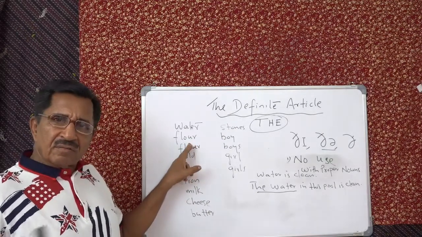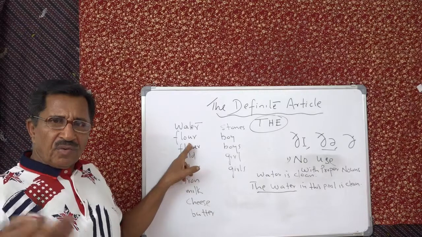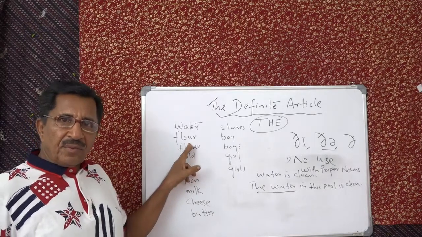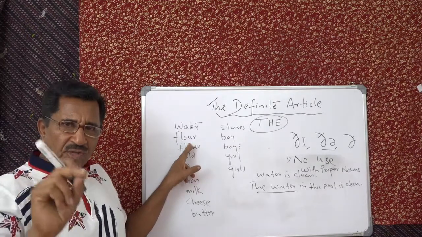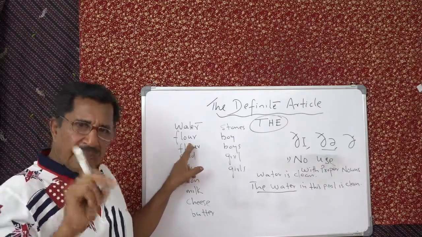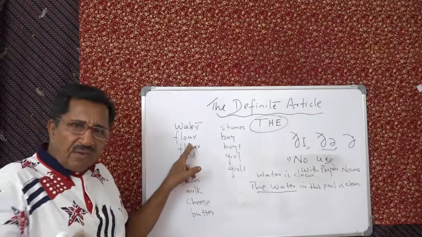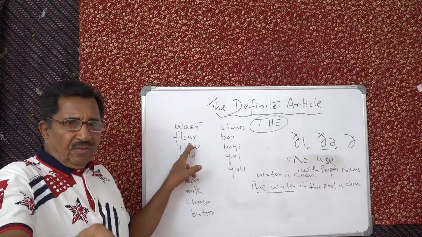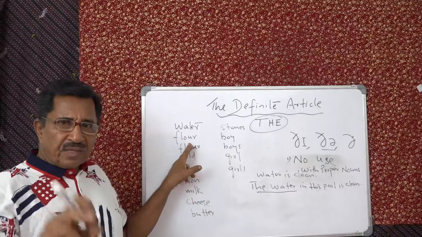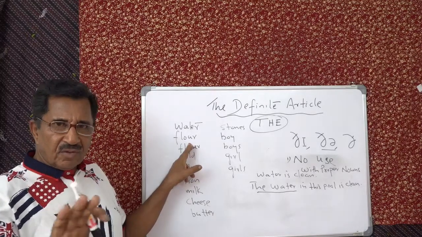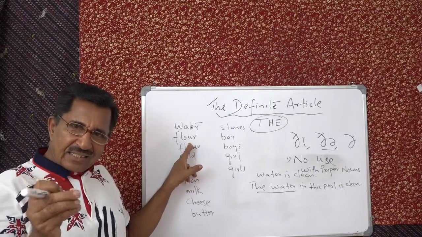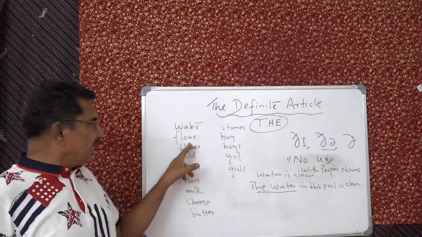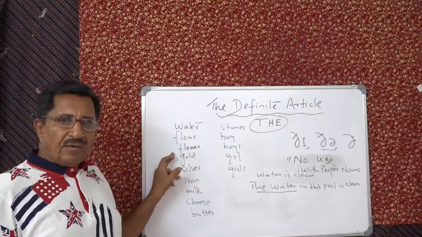Flour is white or whatever you can say. But the moment you say a particular mill, the flour that you get from a particular mill, then you have to say the flour from that mill is not white. And something else has been added there. In that sense.